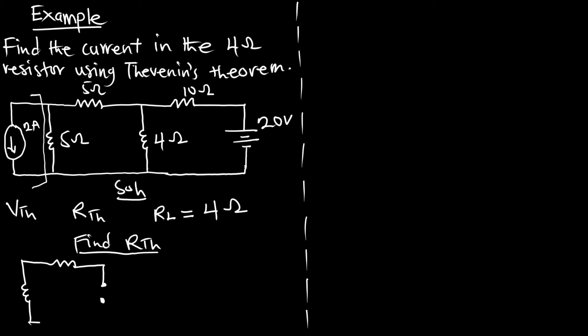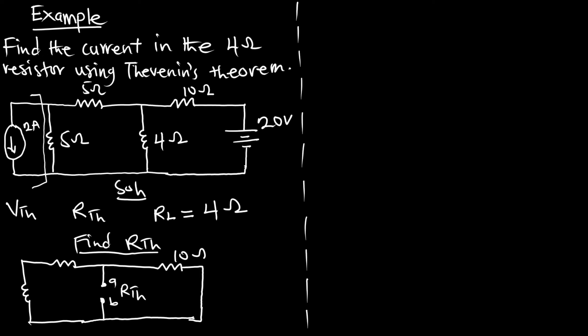Here, let's call this point A, B, and this is what we are interested in, our RTH. We still have another resistor up here, and this voltage source is short circuited. It is removed as if it does not exist. So this is our diagram.